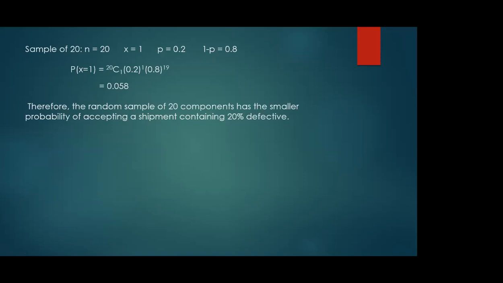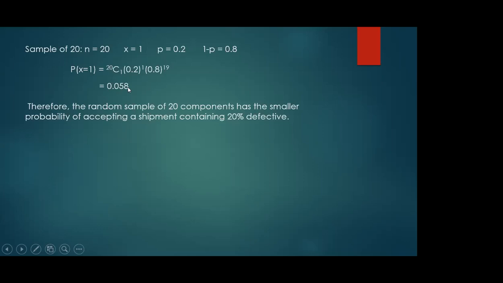The probability of being defective is 0.2, and the probability of not being defective is 1 minus p, which is 0.8. We substitute, so the probability statement is probability that x is equal to 1, which is 20 choose 1 times 0.2 raised to 1 times 0.8 raised to 19, which is going to be 0.058.